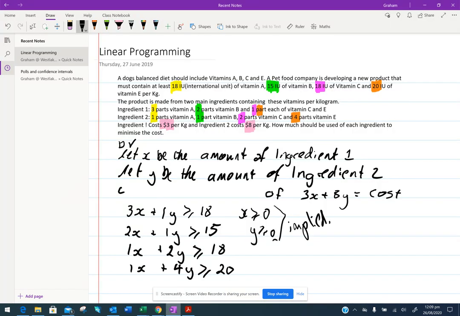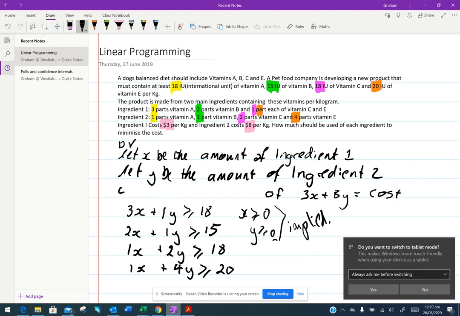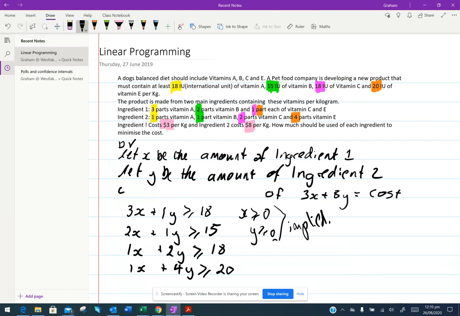So I need to finish my situation, and I need to be good about making sure that I write it in the context.